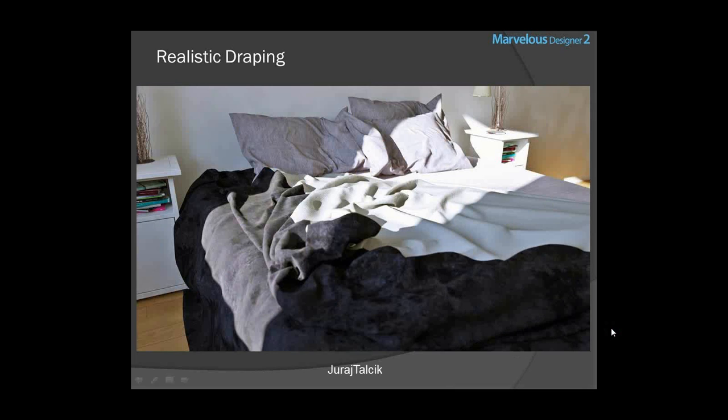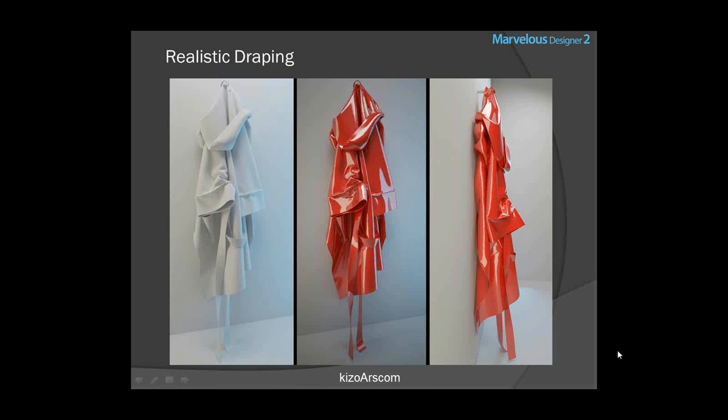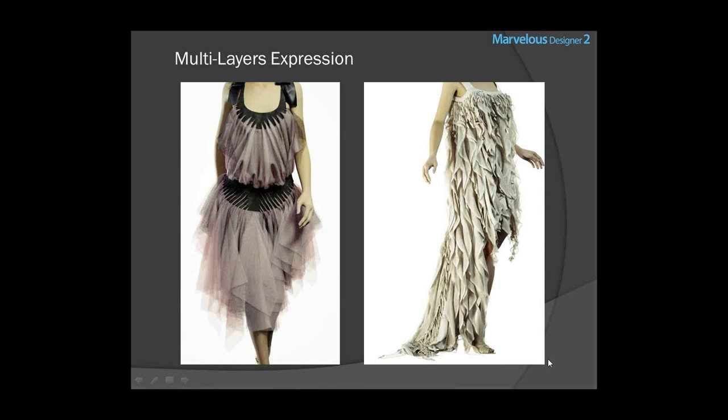And another example. You can switch around the physical properties of the cloth in an easy way. These pieces are showing multi-layer expressions. Compared to other images, it has a lot of layers like this.